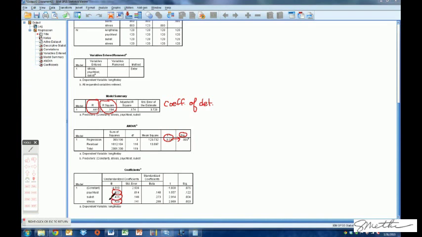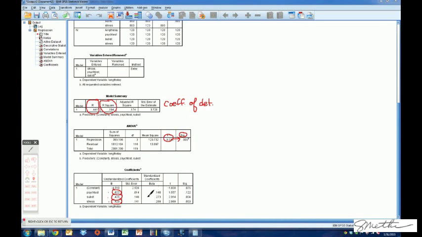Stress was close to 0.40, and substance was close to 0.31, 0.32, something like that, if I'm not mistaken. So this essentially tells you about the relationship between each one of these alone and the dependent variable. The unstandardized coefficients over here are thought of a lot like the correlation coefficients.